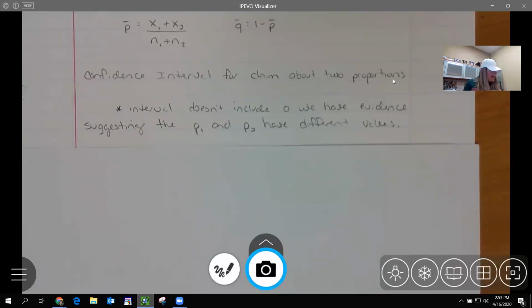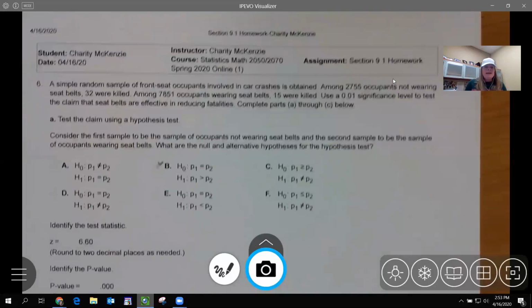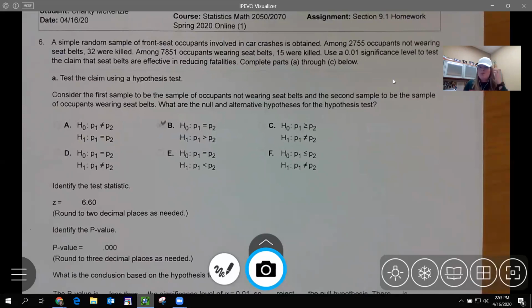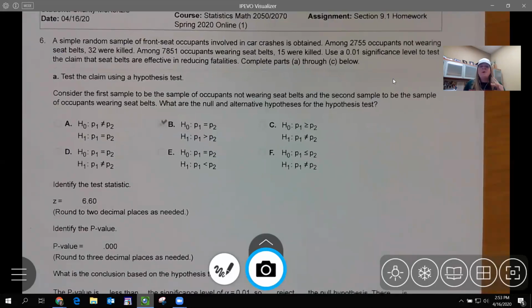So let me go ahead and put in an example here straight from your homework. You might even end up with the same one. I hope not, but this is just one from your homework. So this question says, a simple random sample of front seat occupants involved in car crashes is obtained.